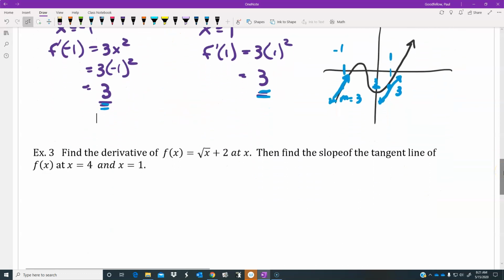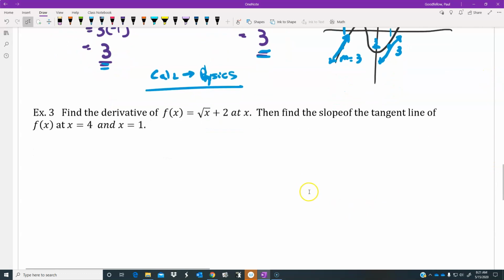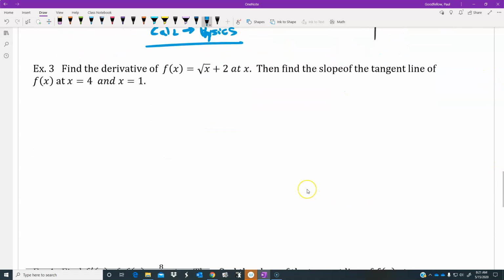Now we can start saying velocity, we can start saying acceleration, because calculus is very relatable to physics. That's one of the reasons why we teach physics and calculus at the same time, because the concepts can be very relatable.